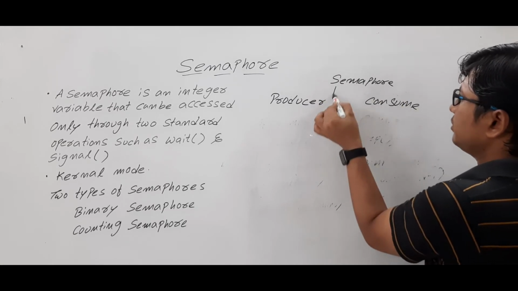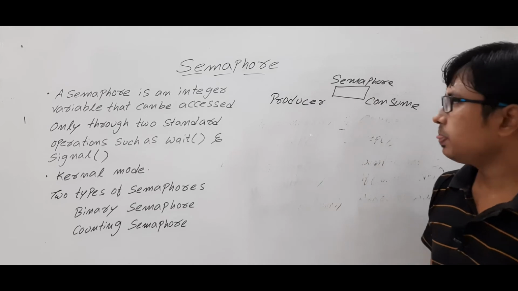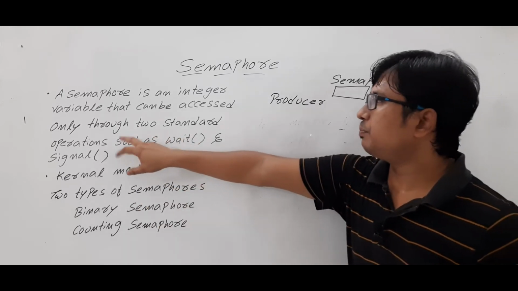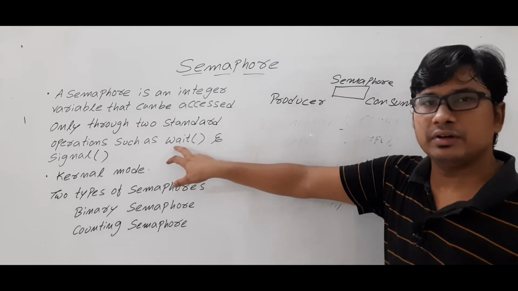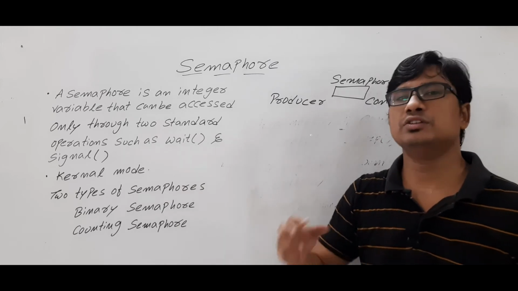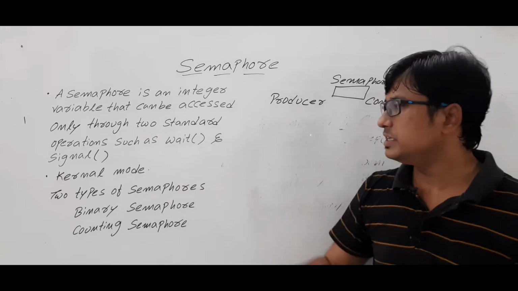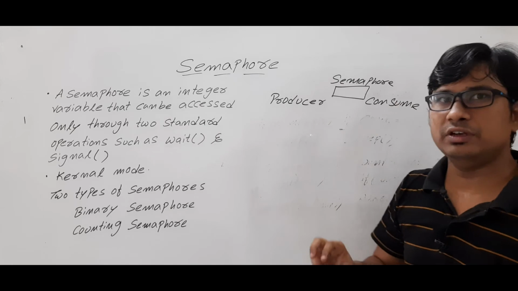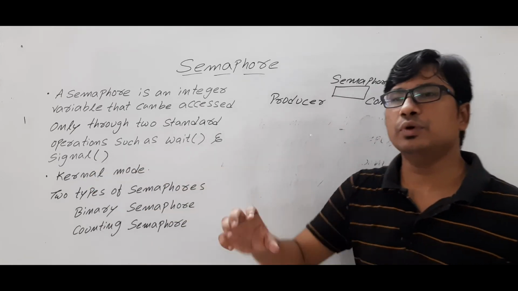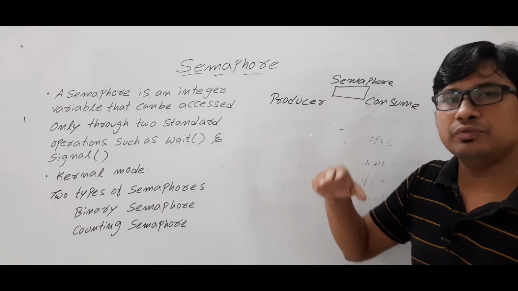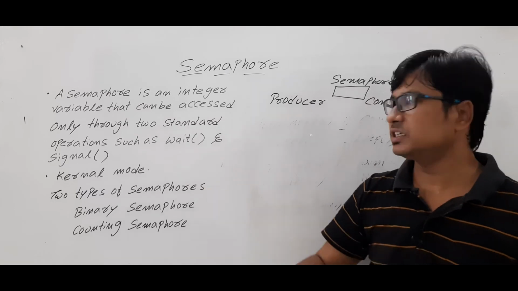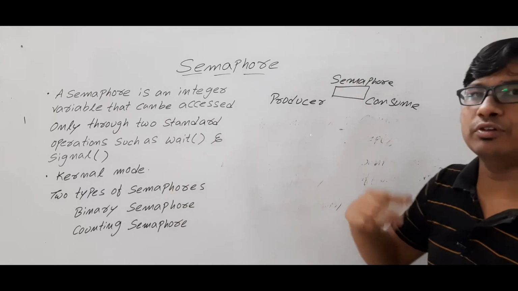Whenever the process is going for the wait state, or we can say a down operation, or a P operation, that time the semaphore value will be decremented by 1. And signal is nothing but upping the process, so we can say that signal is the up or V operation. Meaning, that time the semaphore value will be incremented.